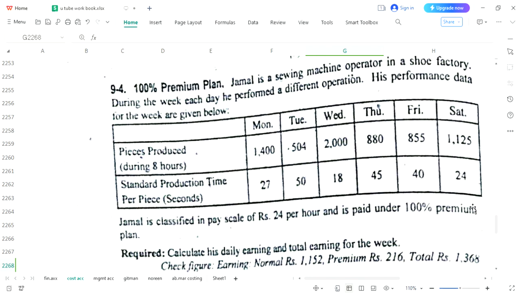Please repeat what I have said. In 27 seconds he was asked to produce one unit, and if he took more than 27 seconds, no premium. But if he produced that one unit in less than 27 seconds, yes, he will be given premium of 100%, at 24 per hour. Look at the question, nothing else has been mentioned. There is only one worker.